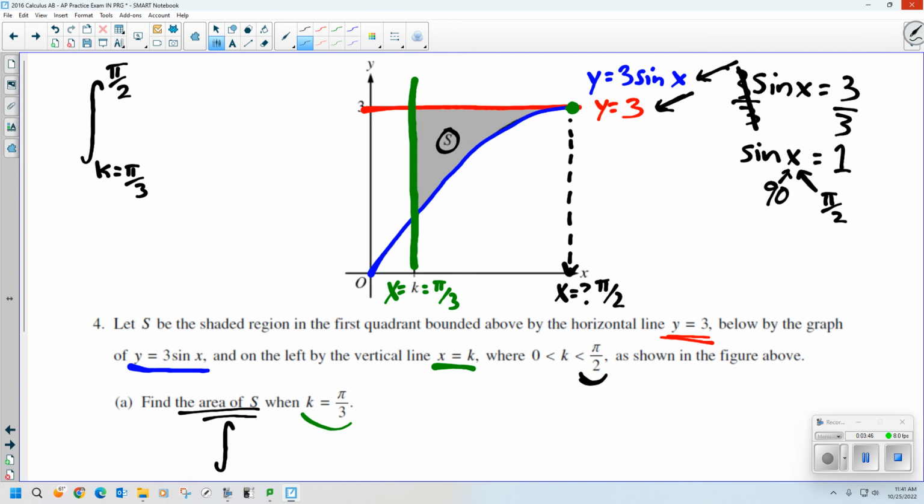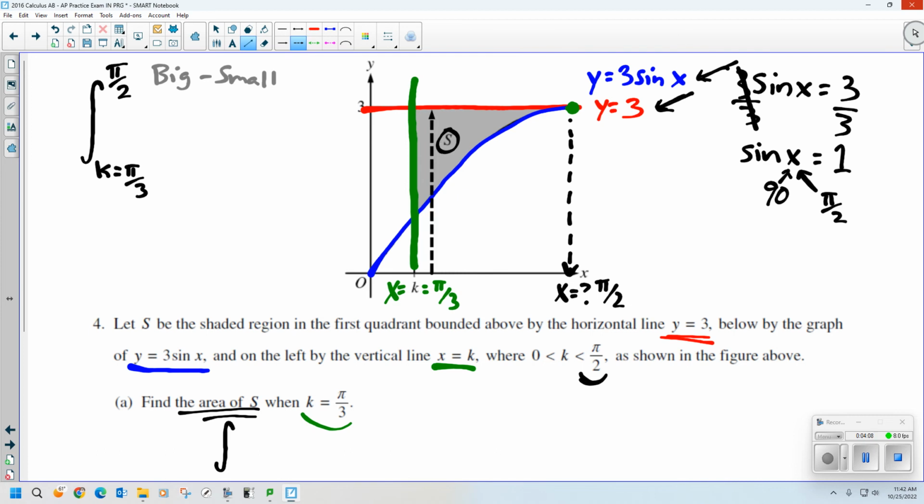Now I know how to do the area under the curve, but for the area between the curves, I need to take my bigger function and subtract my smaller function. Which is which? The bigger function is the one that's further from the y-axis.